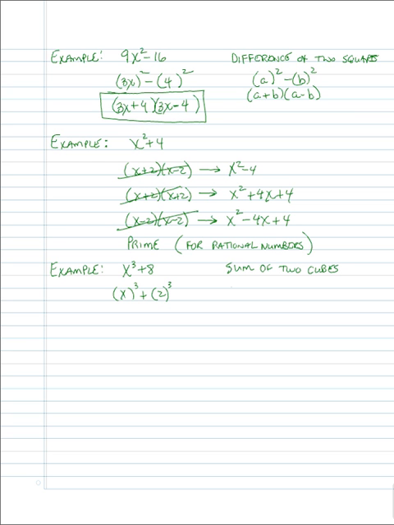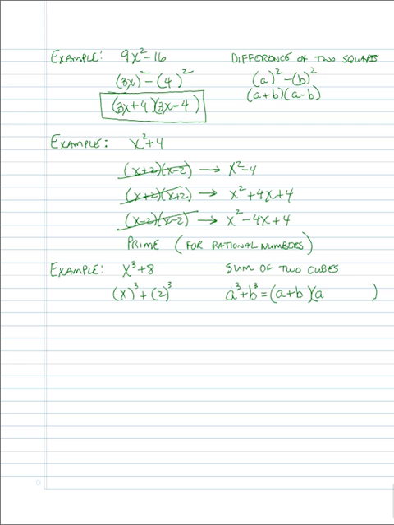Now, the sum of two cubes, so we'll write it this way, a cubed plus b cubed, can be factored. It's kind of a strange factorization. It's a binomial times a trinomial. And the binomial is a plus b. That's what we're cubing in the first term and what we're cubing for the second term. And the second factor is a trinomial.